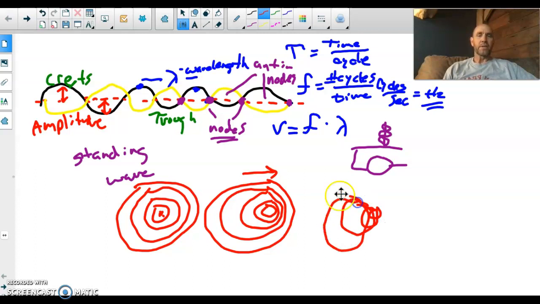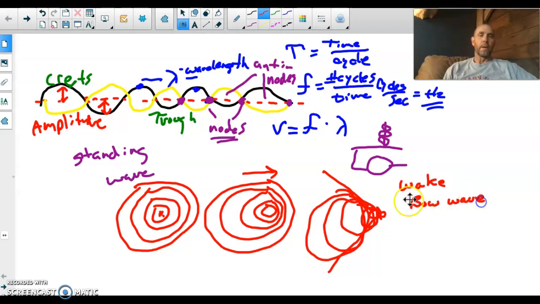Well, sometimes that bug starts swimming a little faster and faster. And when it swims faster than the waves that it's creating, the bug just pokes his nose up here. It creates a wave pattern that you are all very familiar with. If you're out on a boat this weekend, we call it a wake, but technically it's called a bow wave. And it's when the bug travels faster than the waves that it's creating.